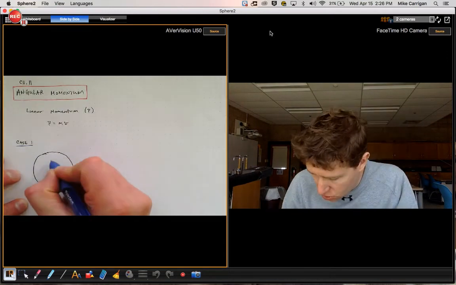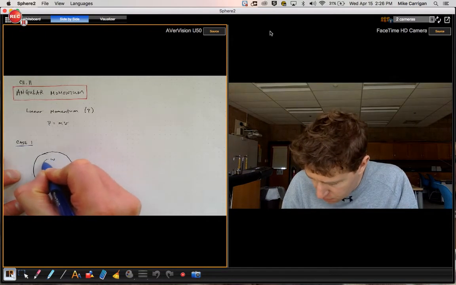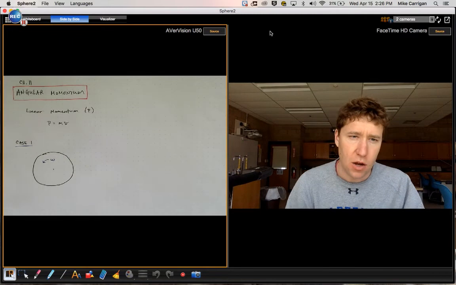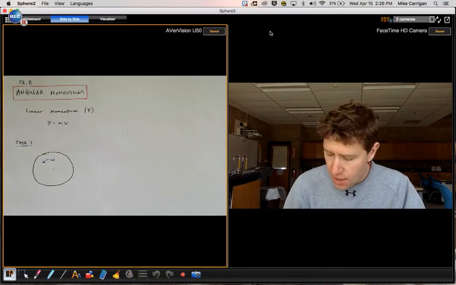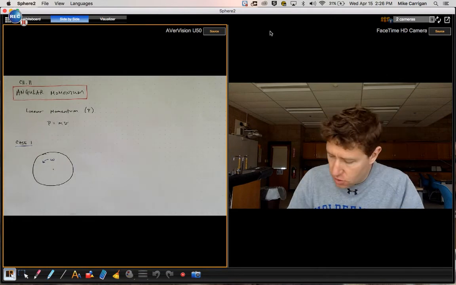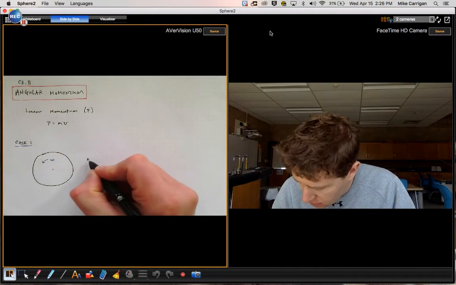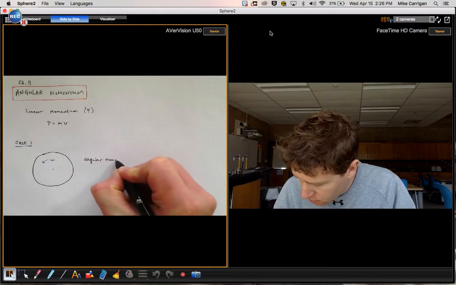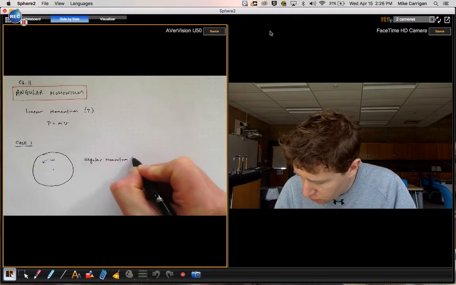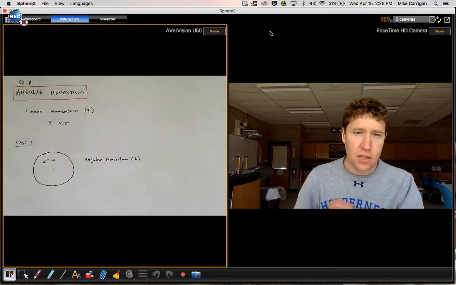Maybe it's got a certain omega here. Maybe it's spinning in the counterclockwise direction. So this thing is spinning, it wants to keep spinning. And so what I can do is define the angular momentum, which we'll abbreviate as capital L in this case.